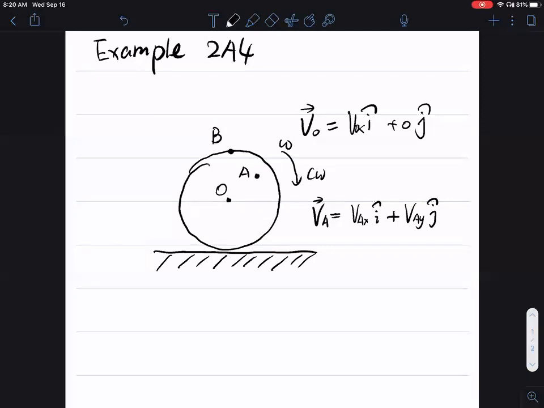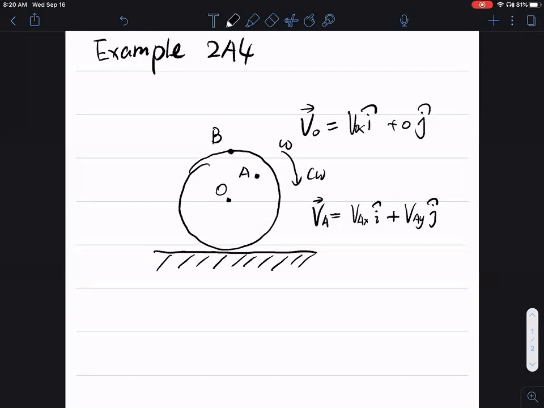And at that moment, since the wheel is rotating, the only possible motion for point B is on I direction, which is parallel to the surface.